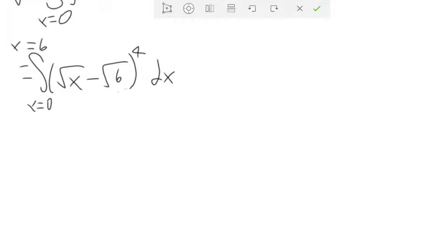So we're going to do some calculus first to help us with the integration, because sometimes calculus is better than algebra. So I'm going to do a u substitution, and I'm going to let u equal the inside right here. So I'm going to let u equal the square root of x minus the square root of 6. And now I will differentiate both sides.